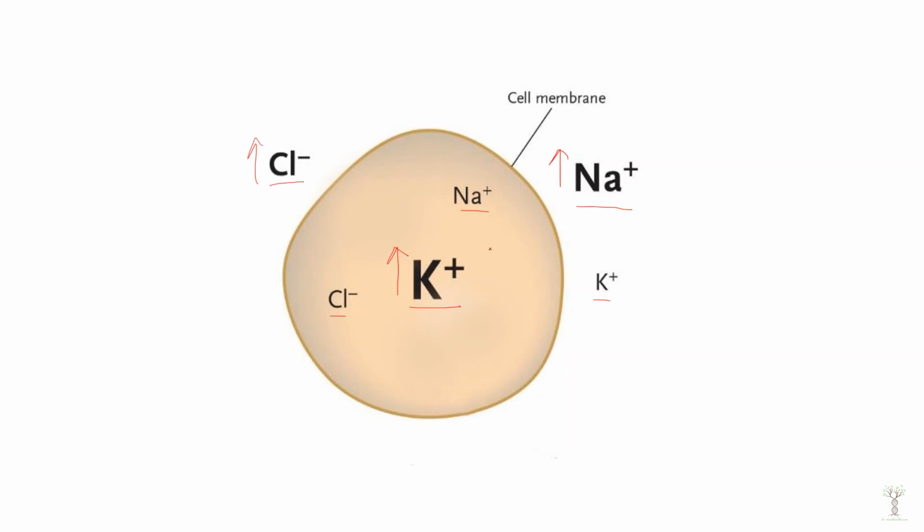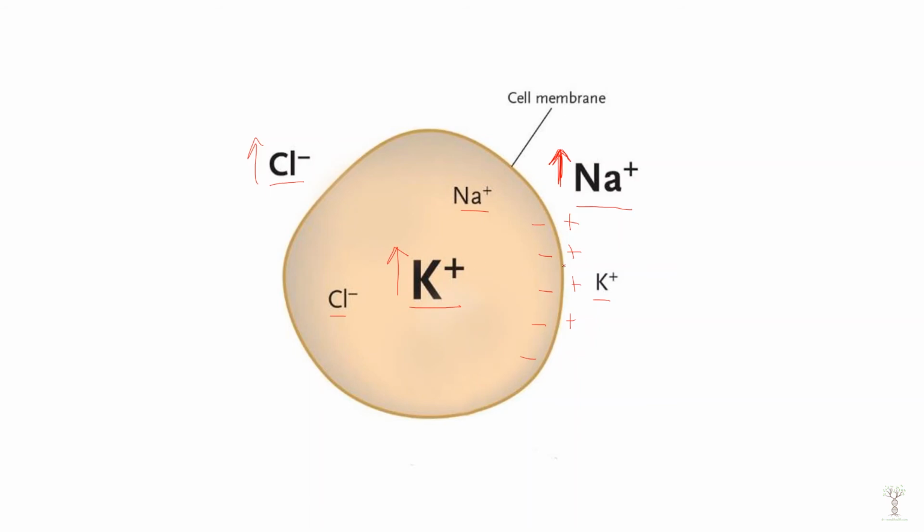the cell. Now, the other thing that is significant here, other than the concentration of the ions, is the charge around the cell membrane. The cell membrane has a slightly negative charge on the inside and a slightly positive charge on the outside, primarily because there is more positively charged sodium outside of the cell compared to the positively charged ions inside the cell.